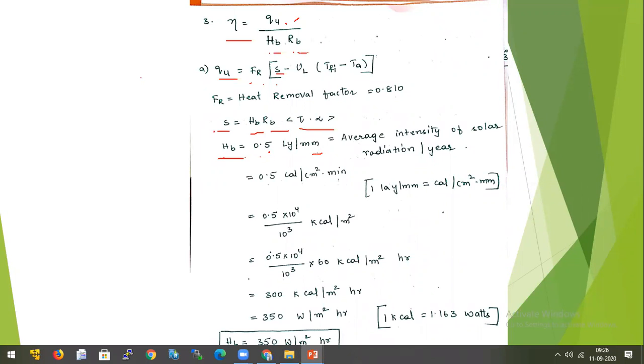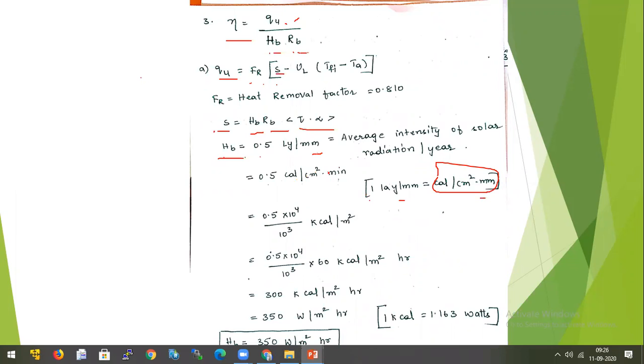First I calculate Langleys into calories per centimeter square per minute. 1 Langley is equal to 1 calorie per centimeter square per minute, so 0.5 Langley means 0.5 calories per centimeter square per minute.